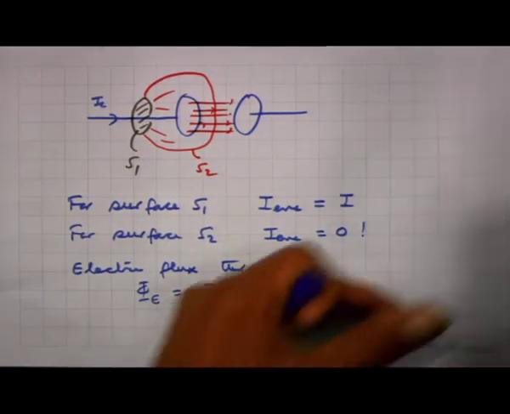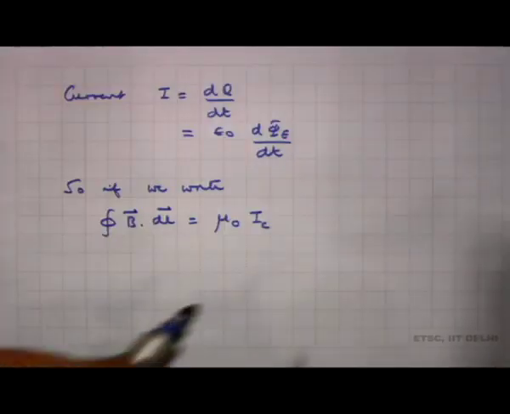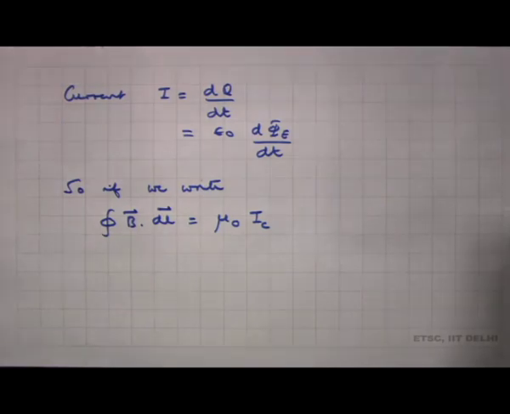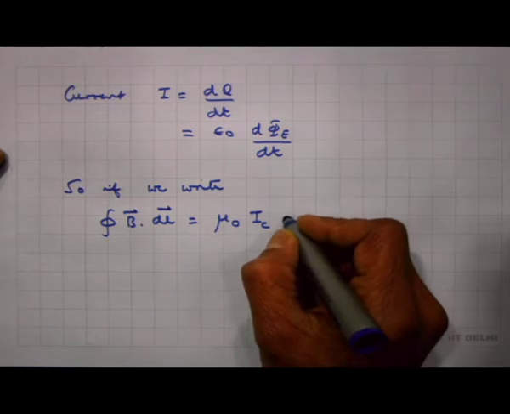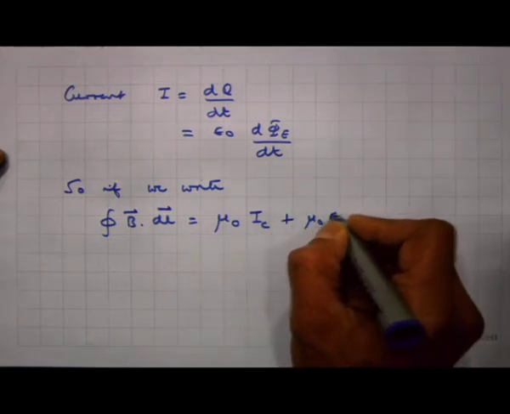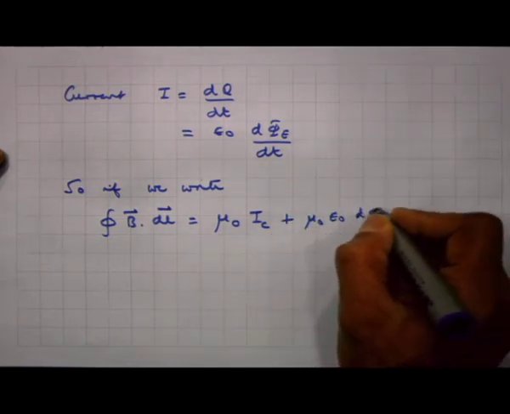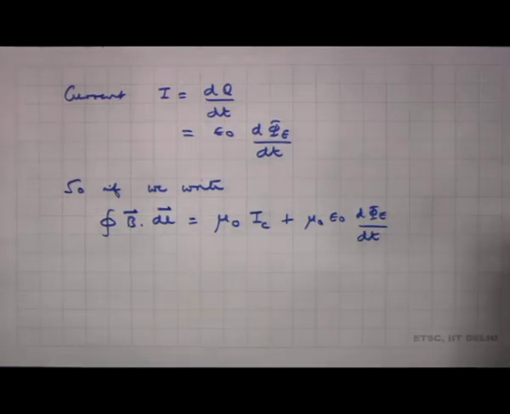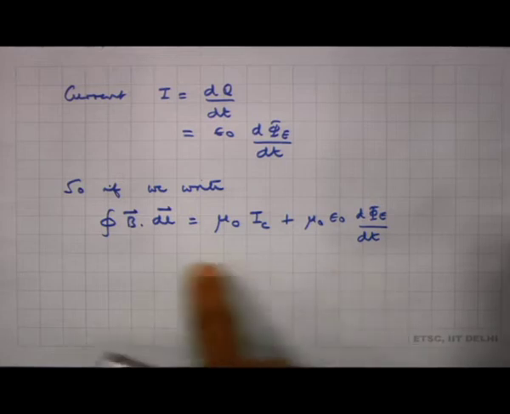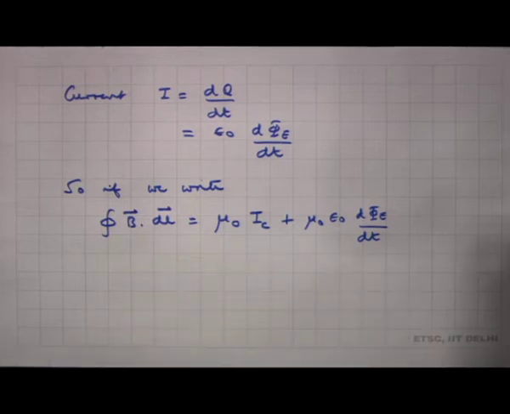That is, current that is flowing because of electron movement, plus I add another term, which is mu naught epsilon naught d phi e by dt. So, I have just added this term to this equation to modify Ampere's law. This is called the modified Ampere's law.